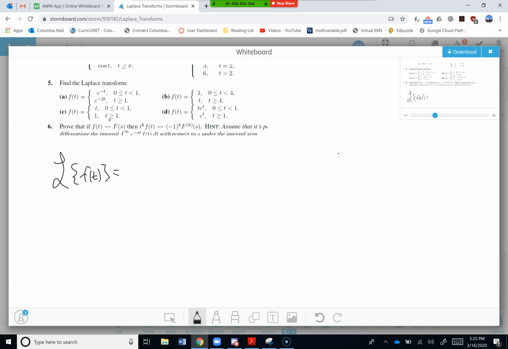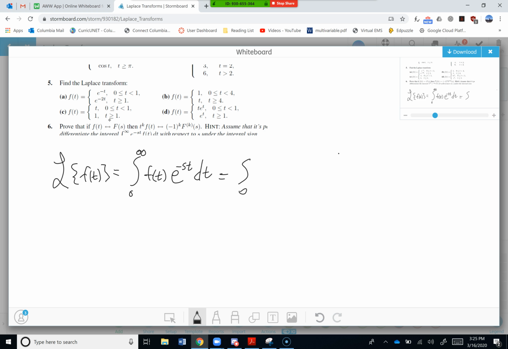Okay, so the Laplace transform is the integral from 0 to infinity of f of t, right? So f of t e to the minus st dt, which in this case is a two-part integral, right?